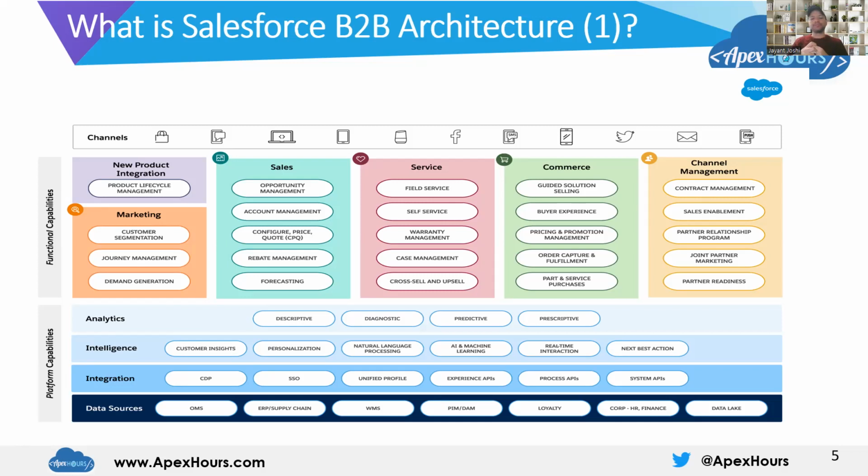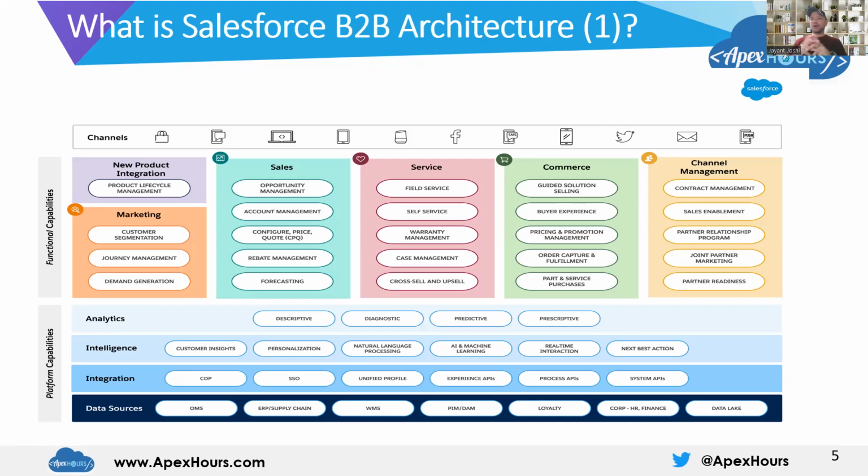These are typical ones. Then for marketing, right? Campaign management, customer segmentation, management of the end-to-end journeys, demand generation, etc. On the service side, of course, case management, field service, self-service, entitlements, cross-sell and upsell.